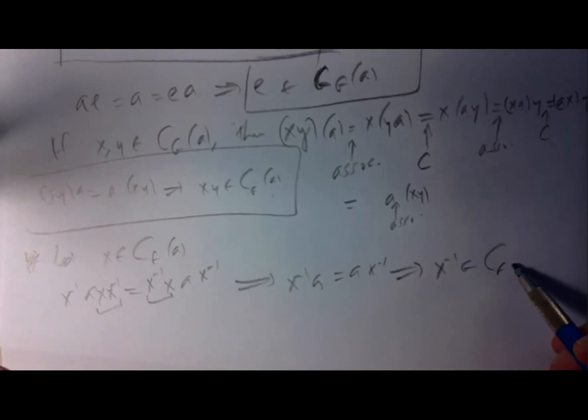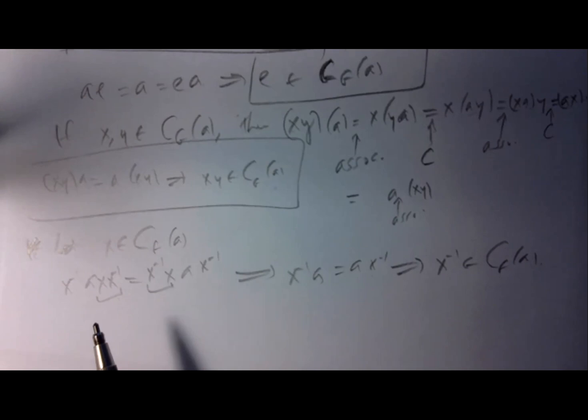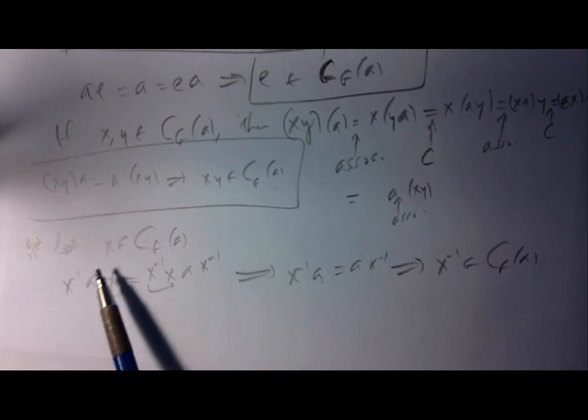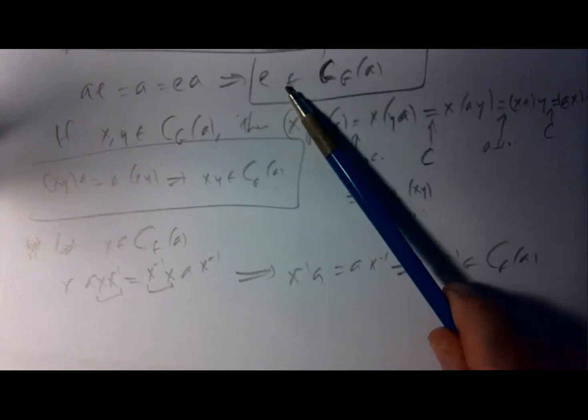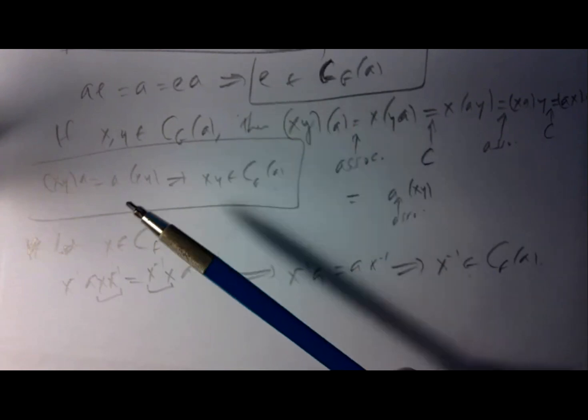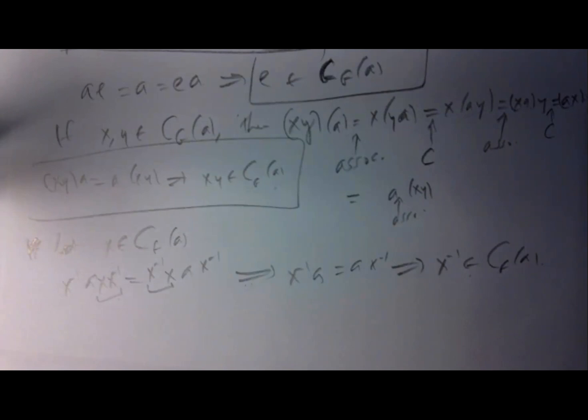So X inverse is in the centralizer. So this says that every element in the centralizer has its inverse also in the centralizer. So the centralizer satisfies the three requirements for a subgroup. It contains the identity, is closed under multiplication, and it contains the inverse of each of its elements.